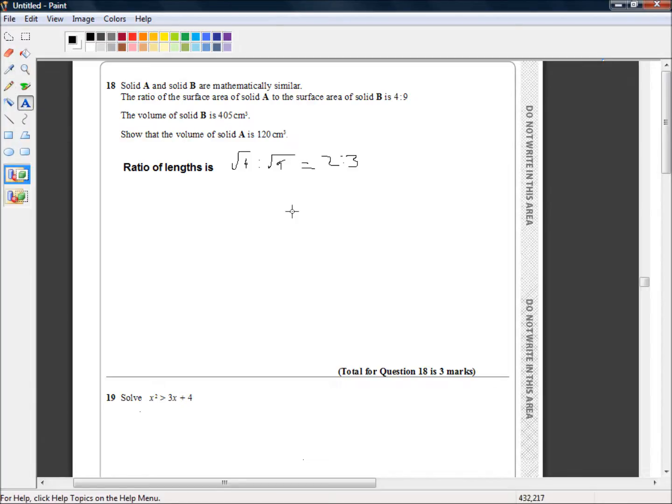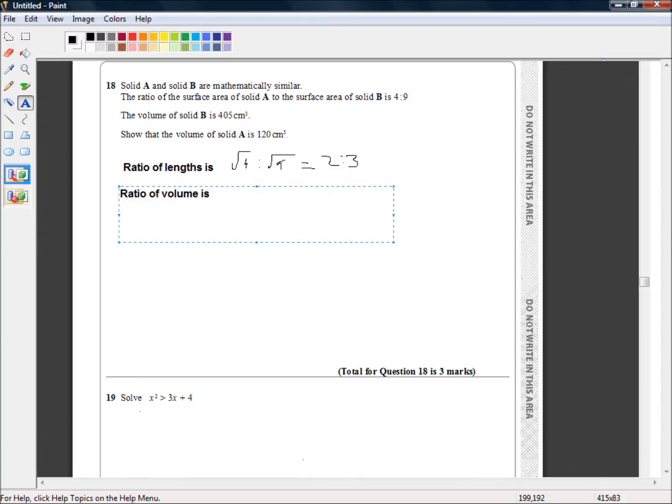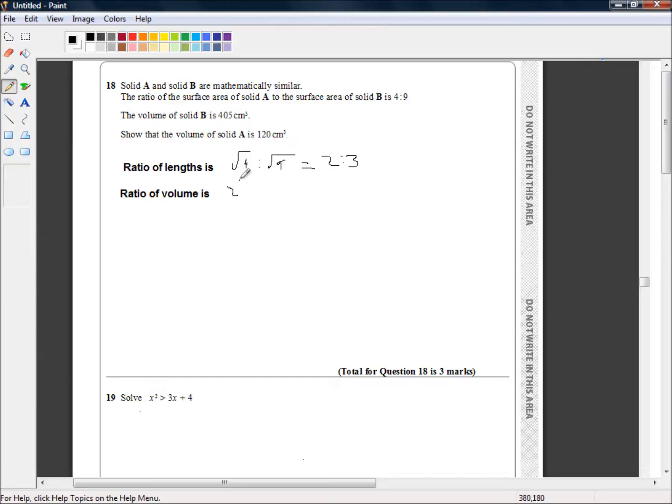So therefore, the ratio of the volume is 2 cubed to 3 cubed, which is equal to 8 to 27. Because we know our cube numbers. If not, 2 times 2 is 4, 4 times 2 is 8, and 3 times 3 is 9, and 9 times 3 is 27. Okay, so we've got our ratio of volumes.